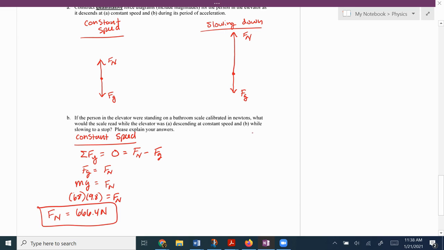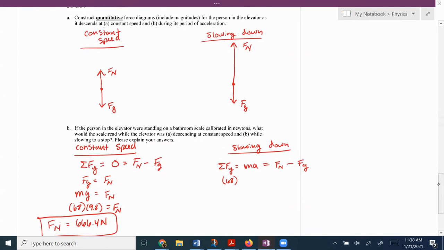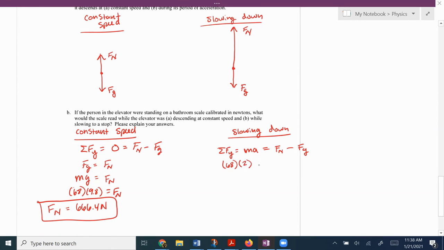Okay, and then while slowing to a stop, again we still have the normal force up and the force of gravity down. So we've got 68 kilograms. What is its acceleration? 2 meters per second squared, so that's an upward acceleration of 2.